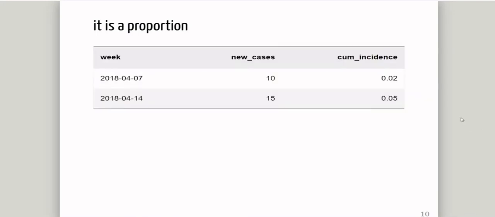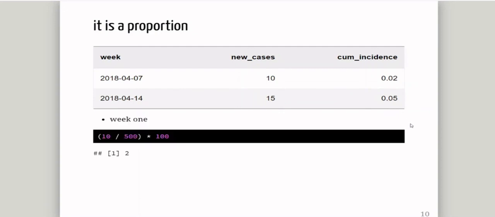We have just seen the cumulative incidence in week 1, which was 0.02, and the cumulative incidence in week 2 was 0.05. If we multiply this by 100, we can report that there was 2% in a week's time, 2% new cases in a week's time, 2 out of 100 in a week's time.